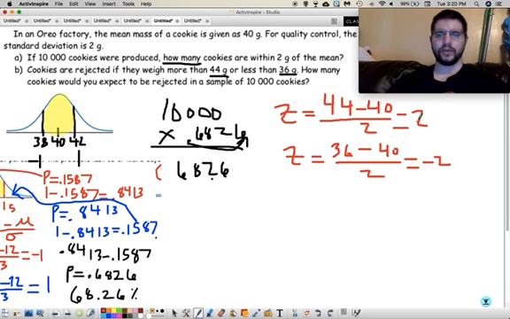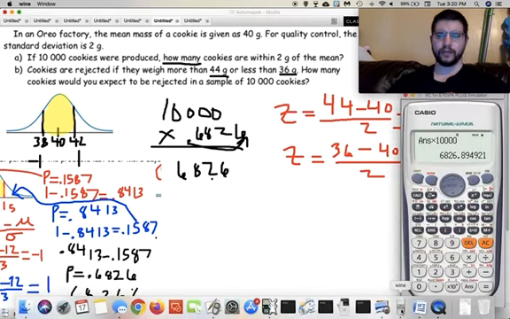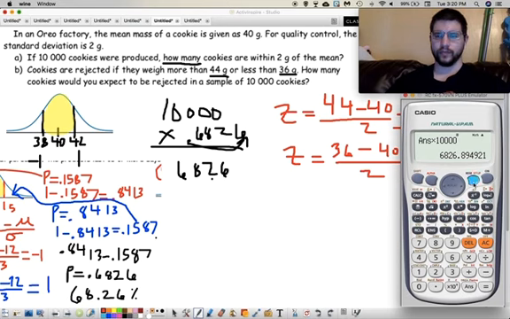So between -2 and 2, I'll just use the calculator for time's sake. Number 2. Lower bound was 36. Upper bound was 44. Standard deviation of 2.